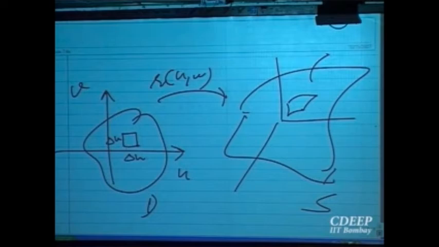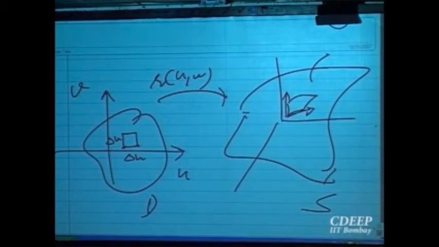Now when this is very small, I want to move in this direction delta u, and in this direction delta v. So if this is a corner, in this direction I want to move, and in this direction I want to move. When you move in the direction where v is fixed, you are looking at one coordinate curve. When you are moving along the other, you are looking at the other coordinate curve.